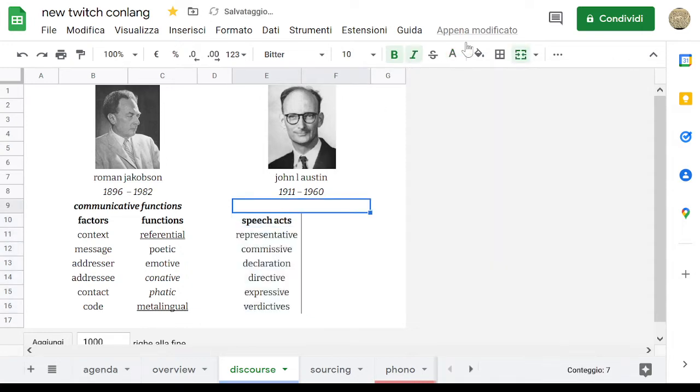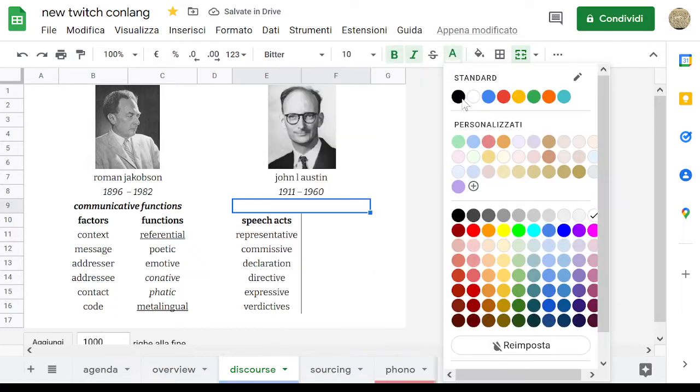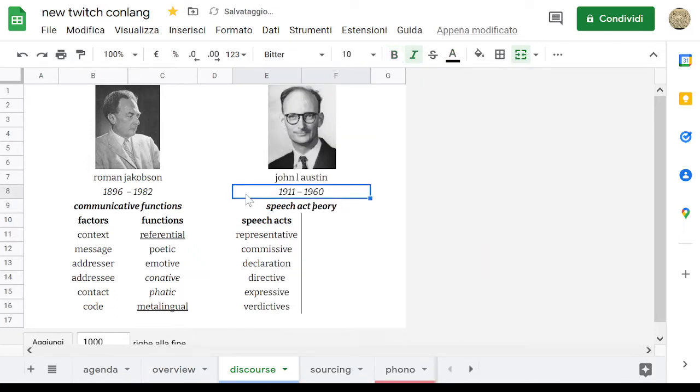But Speech Act theory is the idea that when we are communicating, we might be doing different speech acts. Some linguists consider speech acts a very particular and limited kind of use of language. But in Austin's theory, pretty much all language can be categorized into some kind of speech act.